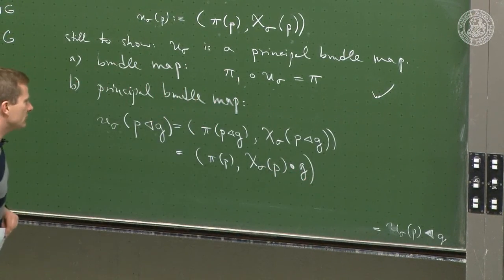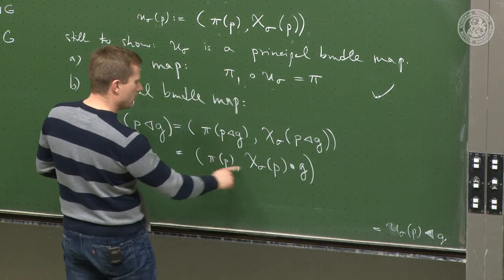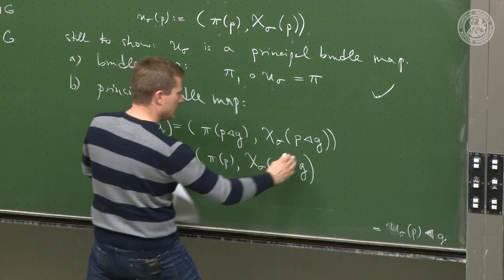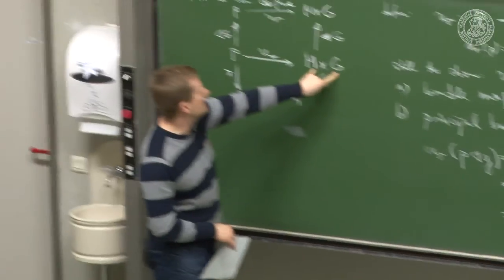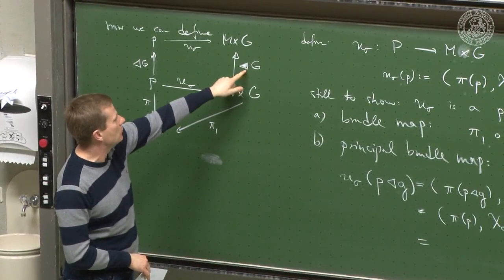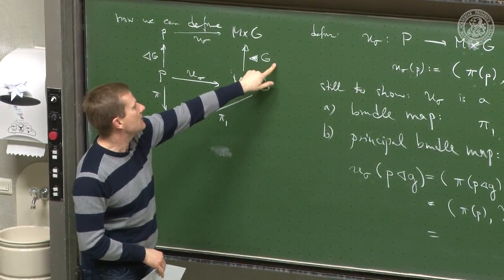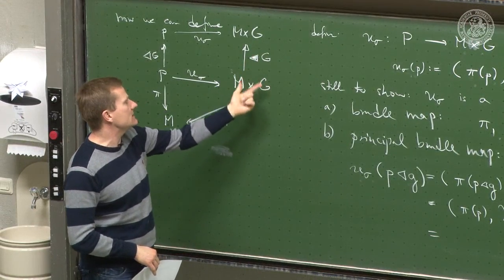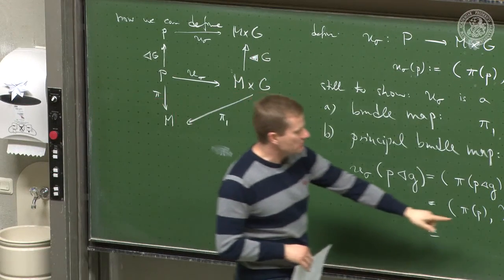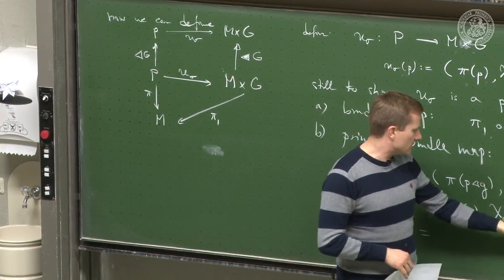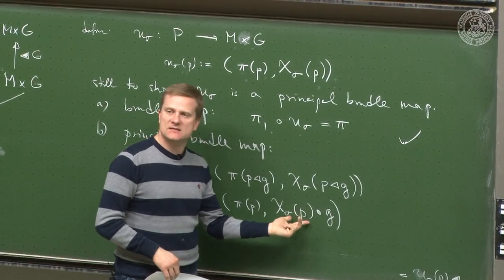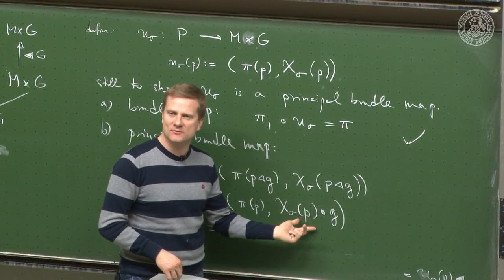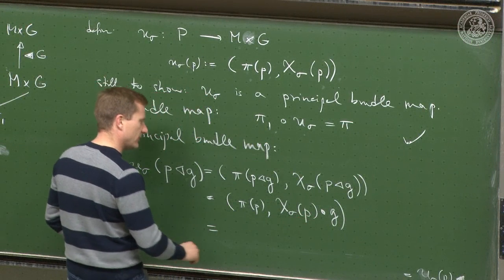But if you remember correctly, here we're of course in this bundle. There the solid action works, and the solid action, we acted on elements in here from the right by just blobbing the second element of this Cartesian product with the G. That was the definition we did before in this trivial bundle.